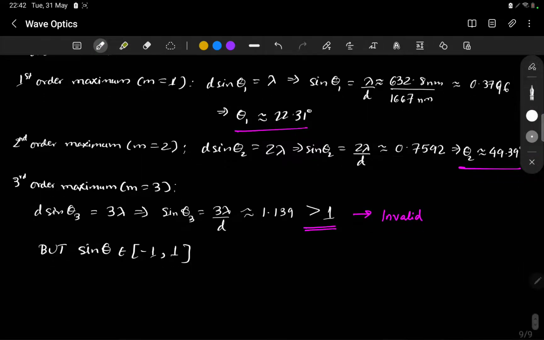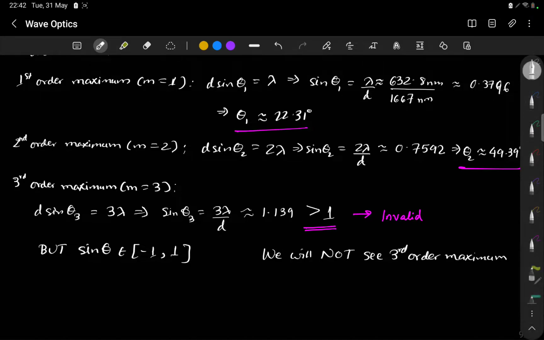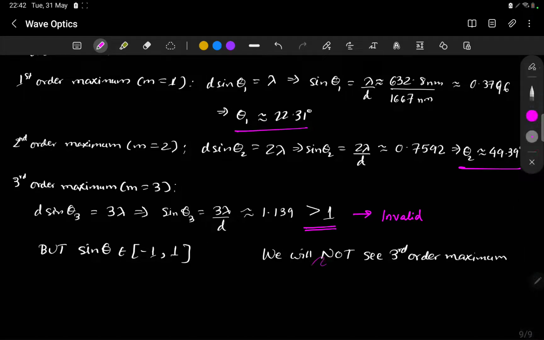That means that we will not see the third order maximum. This order maximum is impossible to observe. So we will only see first and second order maximum in this case.